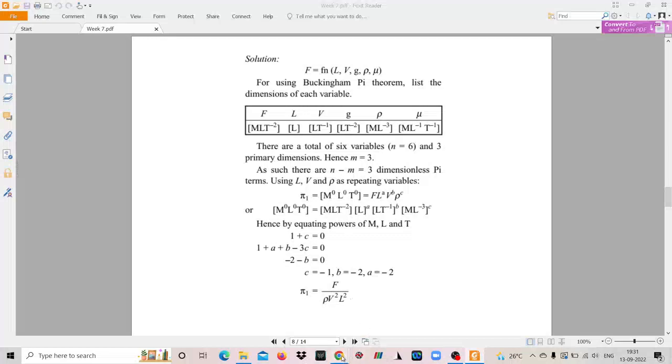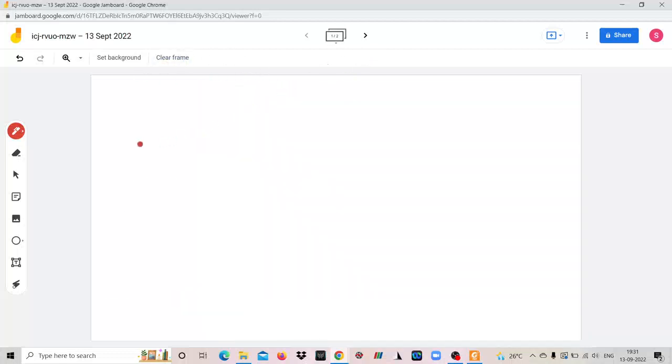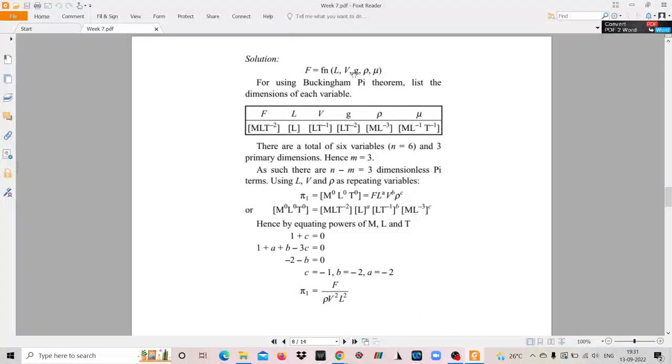Now the second and the third pi term. What are the non-repeating variables left? F we have already considered, so G and mu.